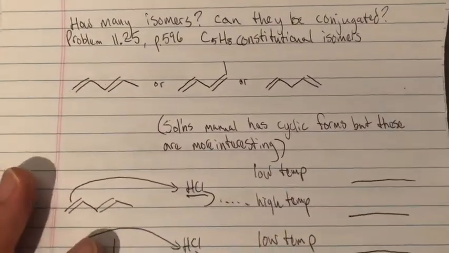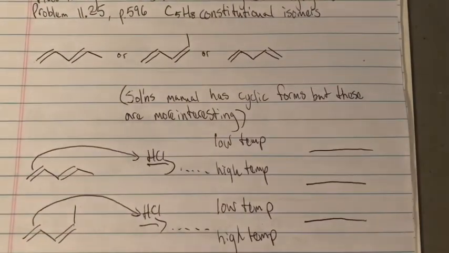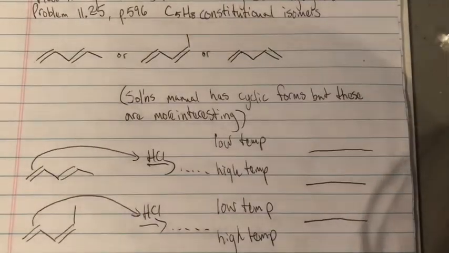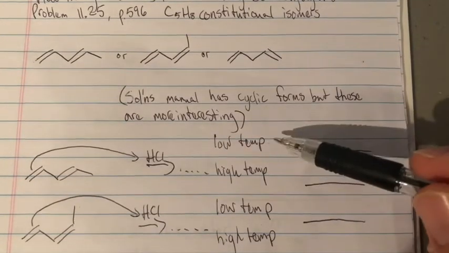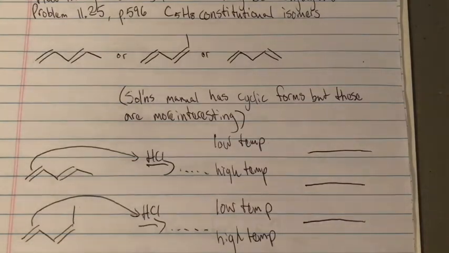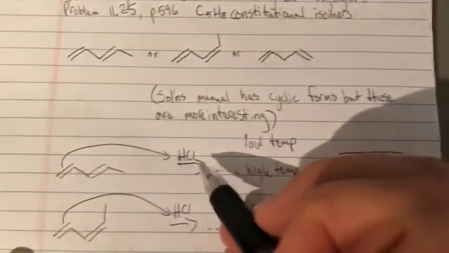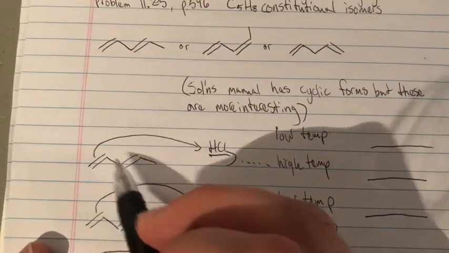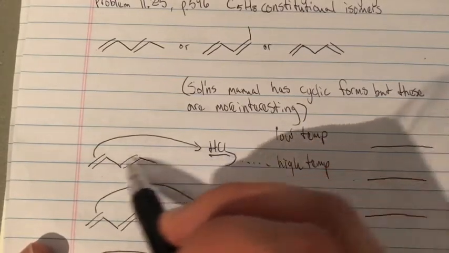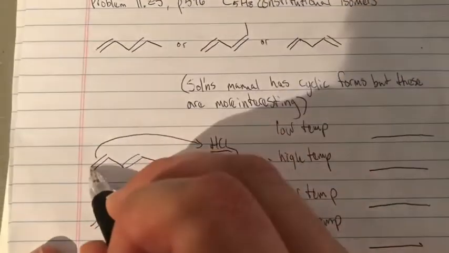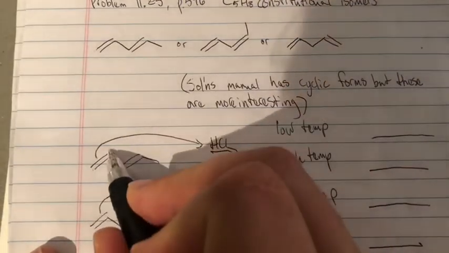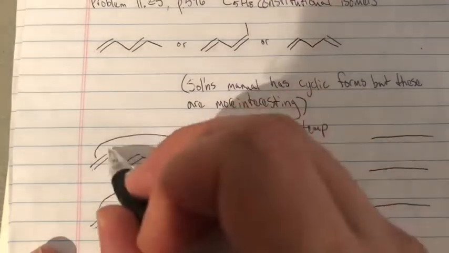If you recall back in chapter 9, we were talking about kinetic control over thermodynamic control. Kinetic control is something that's going to form the fastest, right, with the least amount of energy input, i.e. heat. So if we were to do this low temperature setting with this electrophilic addition, this hydrogen would go at the terminal end here, and then you would have a carbocation, and then that Cl- would coordinate right there.